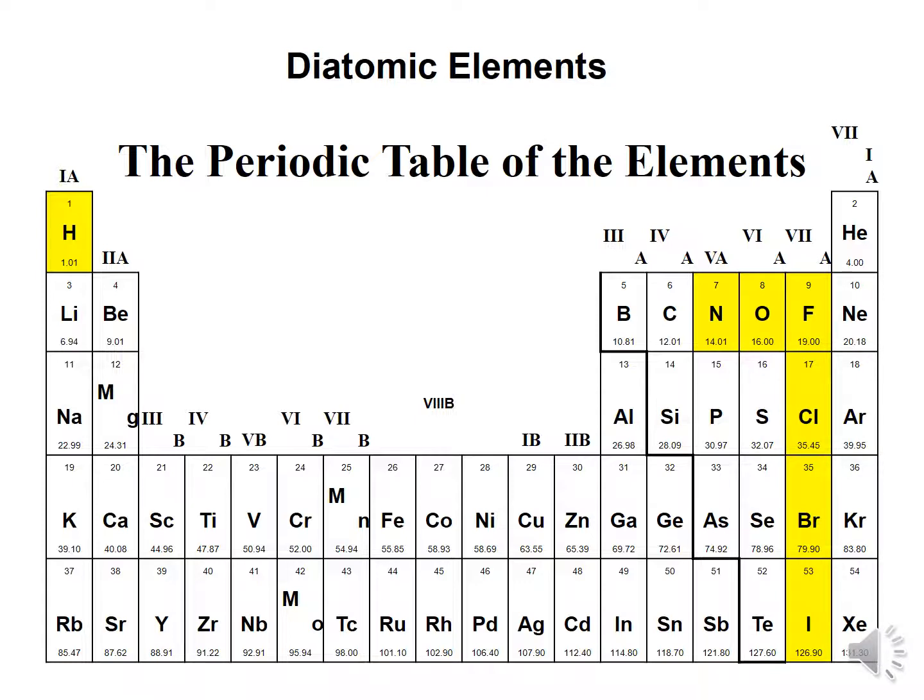There are 7 diatomic elements, and if you look at 6 of the 7, they actually look like they draw a 7 on the periodic table. Nitrogen over to fluorine and down to iodine looks like a 7, but of course that's only 6 elements, so you need one more, which would be hydrogen. So you can call these the lucky 7 diatomic elements.